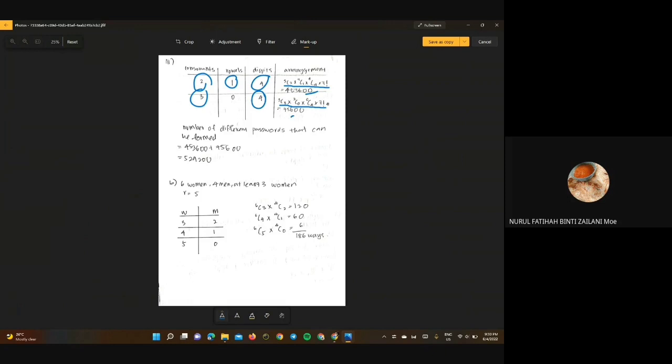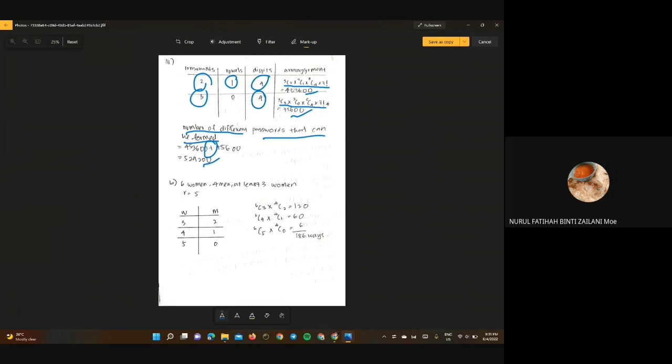And the answer is 75,600. For the last answer, we should add both answers for the first and second case. So the final answer is 529,200.